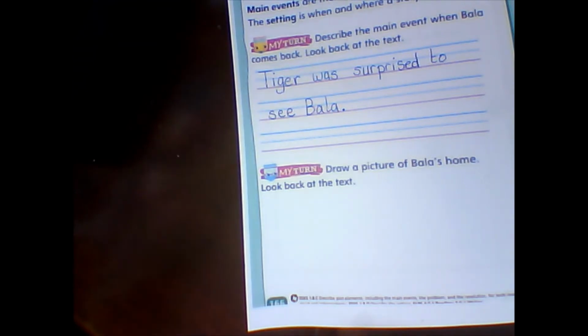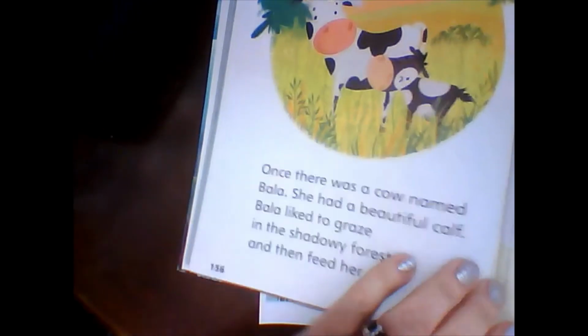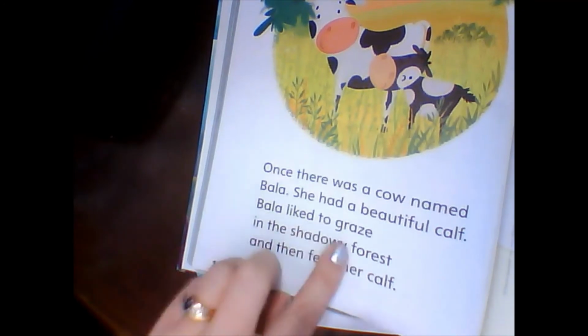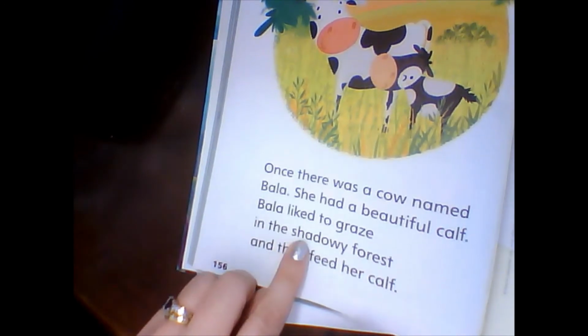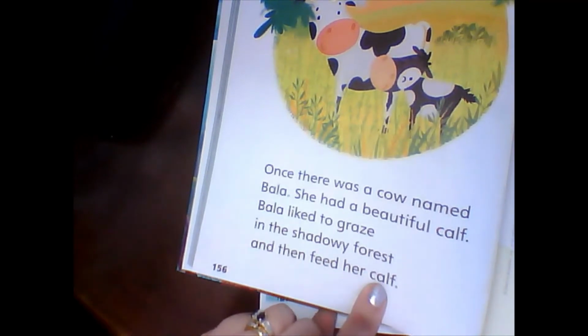Or did she live in the grassy area? Let's have a look. Let's go back to our story. Oops. Okay. We read here that Bala liked to graze in the shadowy forest and then feed her calf.